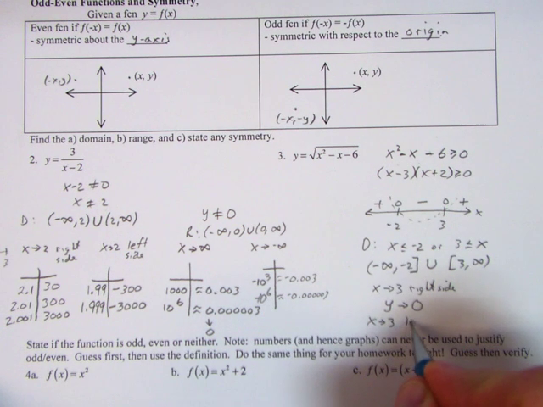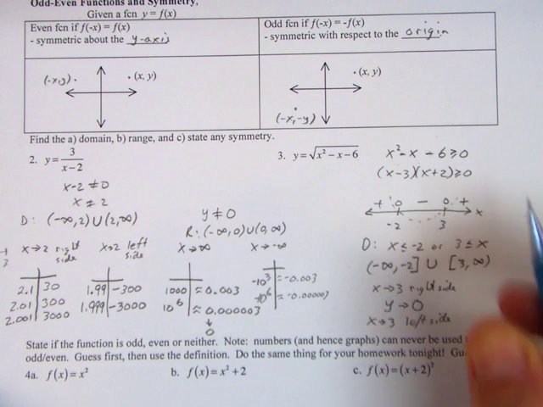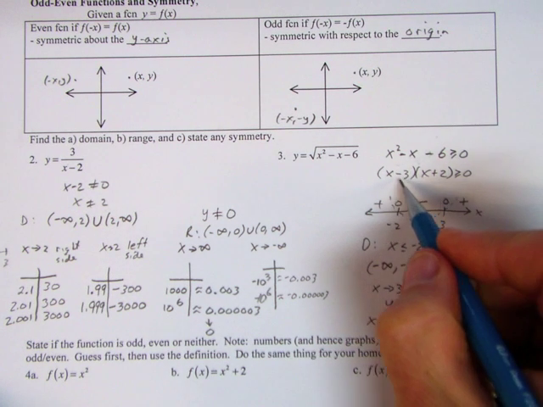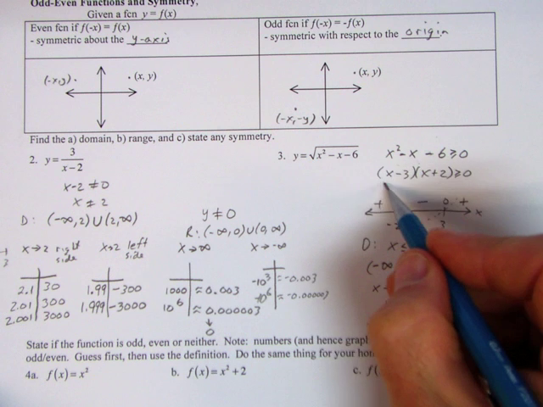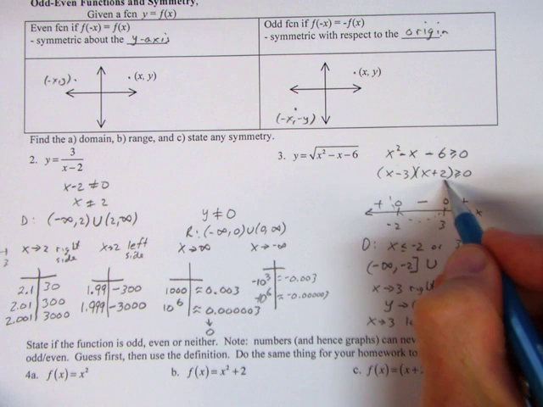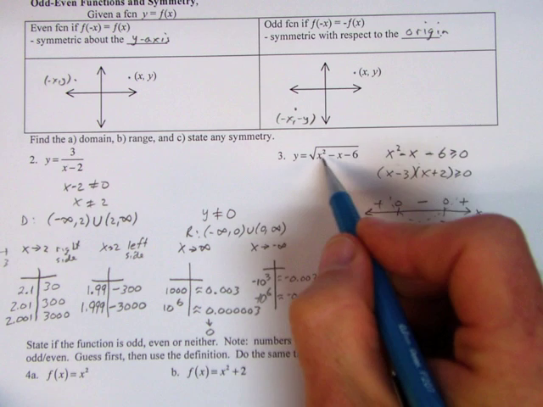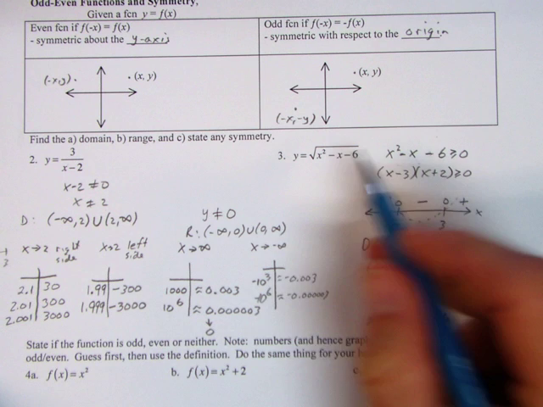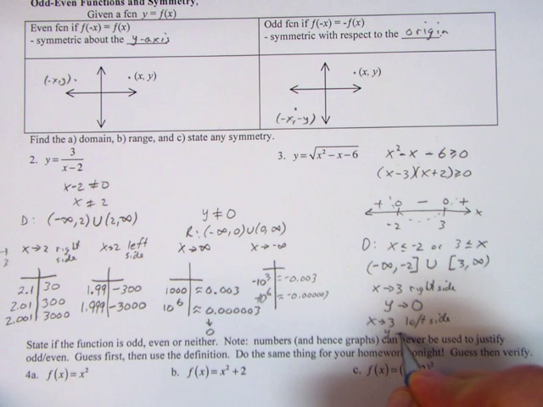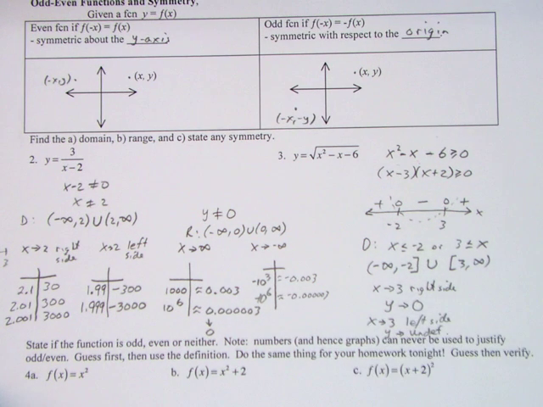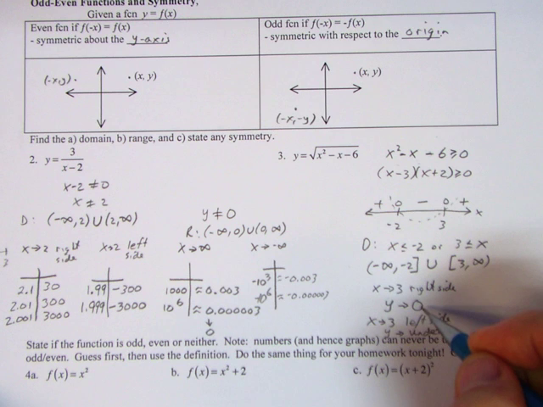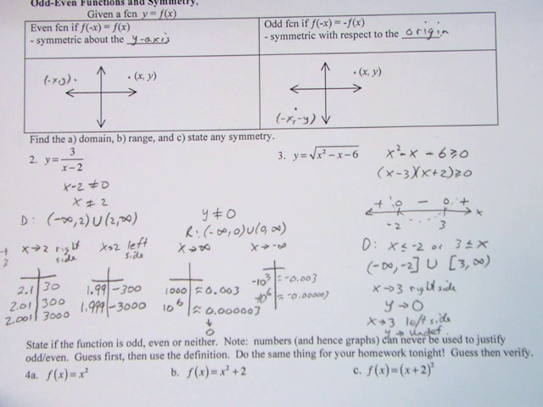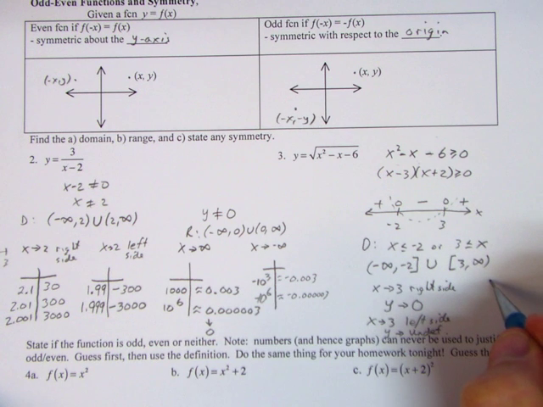If we go to 3 from the left side, for example 2.9, 2.99, this is going to be a negative number times a number that's going to go close to 5, but we're really looking at the square root of that. So a negative times a positive gives us a negative, so that is imaginary or undefined. There is no value there. So this thing is going to go down to 0 definitely. We know it's a square root. It can't go any lower than 0. What happens as you go to infinity?